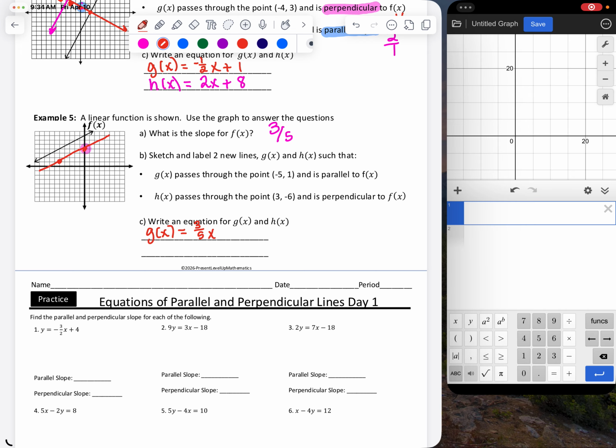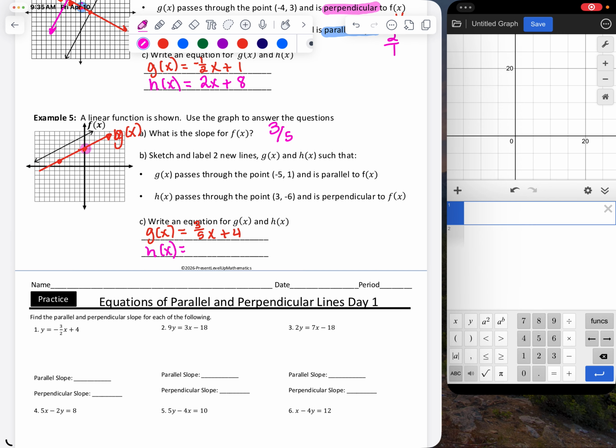So let me draw in this line. This is, excuse me, not h of x, it is g of x. It touched the y-axis at 1, 2, 3, at positive 4. Right? Now I'm going to sketch a new line, h of x. And h of x starts at the point 3, negative 6.